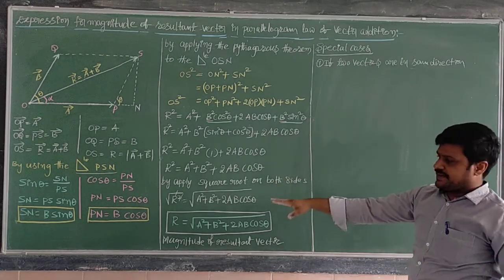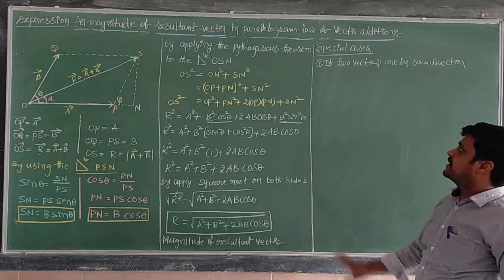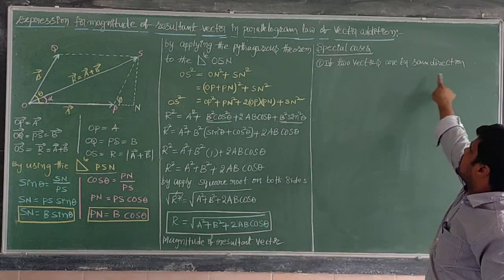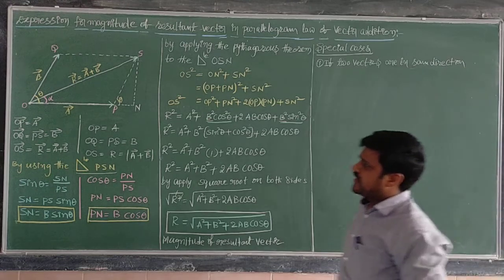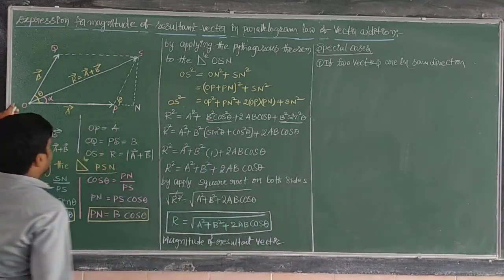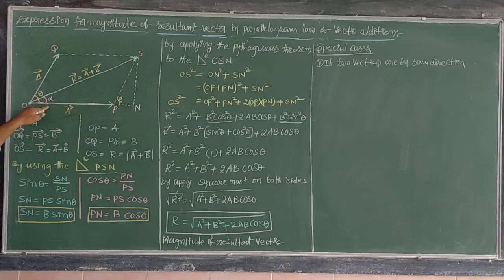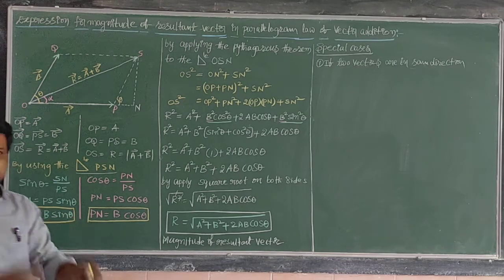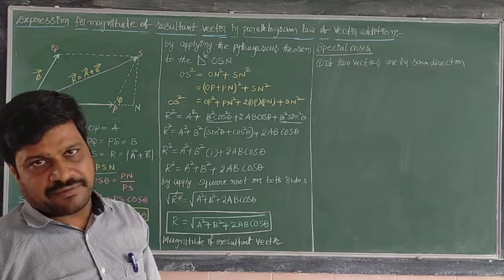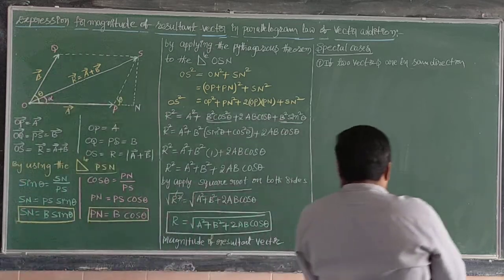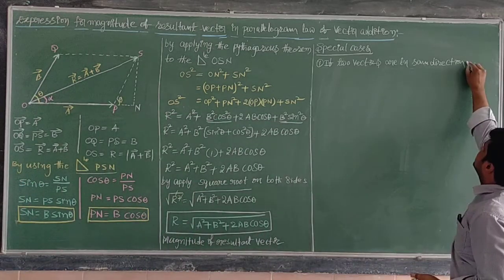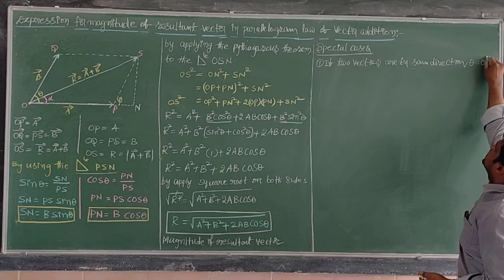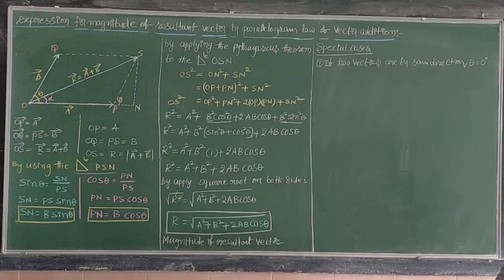If the two vectors A bar and B bar are in the same direction, that means A bar and B bar are parallel vectors. For parallel vectors in the same direction, theta is equal to 0.